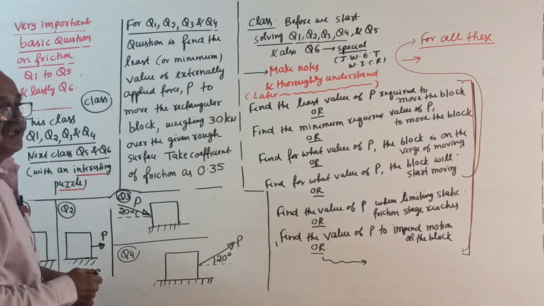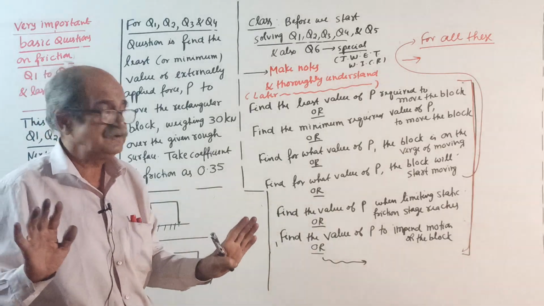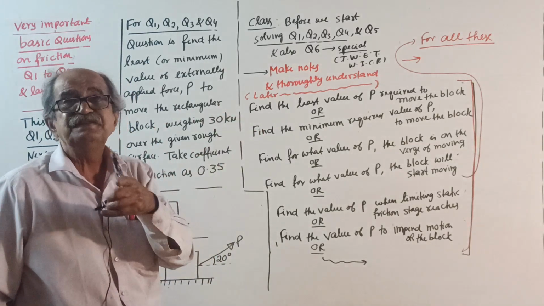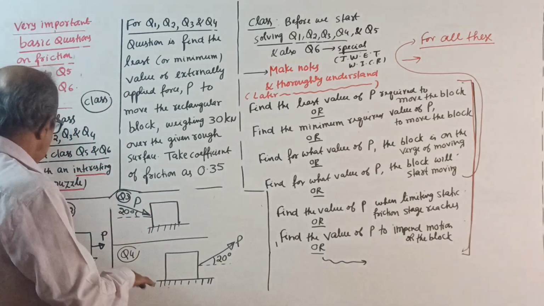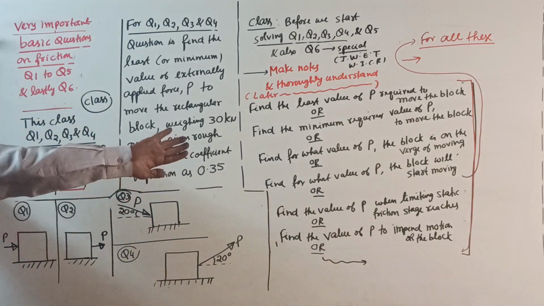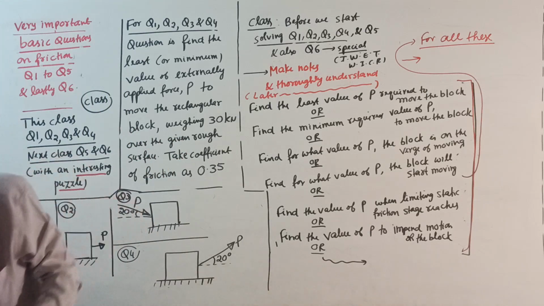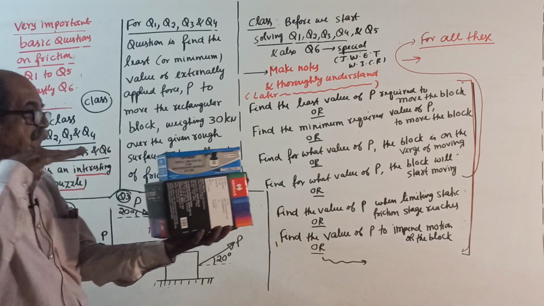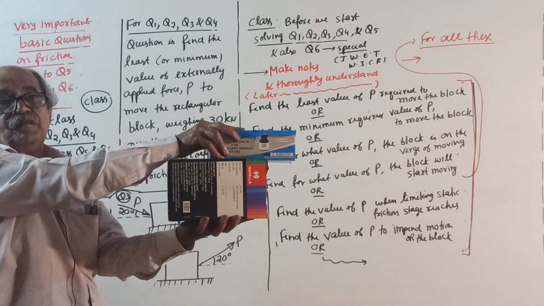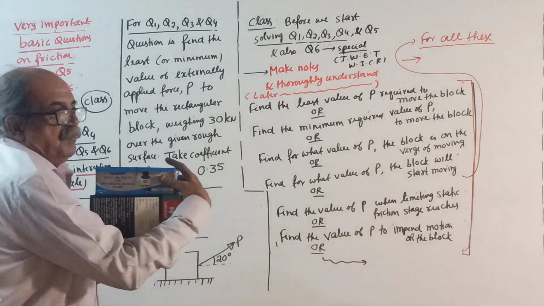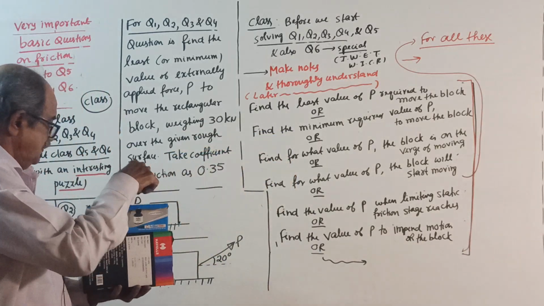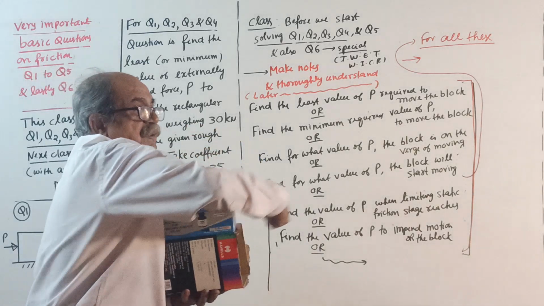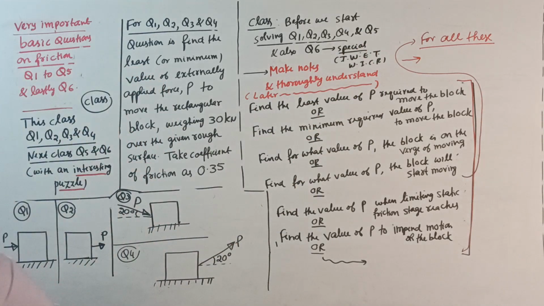In all these first 4 questions, and also the 5th question next time, the 6th is something else. Apply a force like this. Observe correctly here. Question 1, P. Question 2, P. Question 3, little inclined, P. Question 4, P. So, make a note.